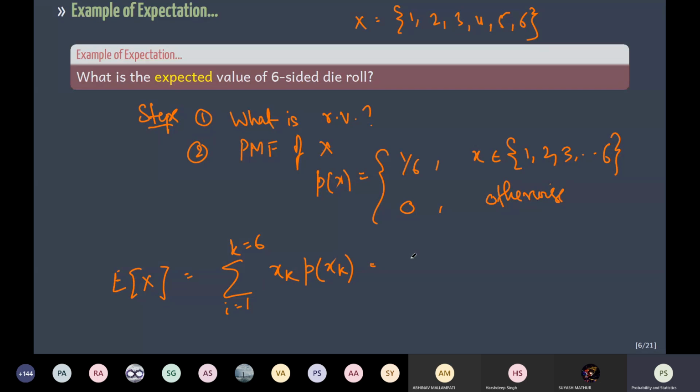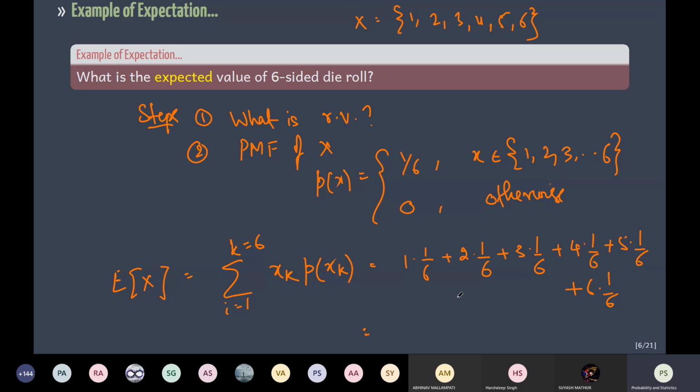So this is 1 times 1/6 plus 2 times 1/6 plus 3 times 1/6 plus 4 times 1/6 plus 5 times 1/6 plus 6 times 1/6. What is the value that you get?